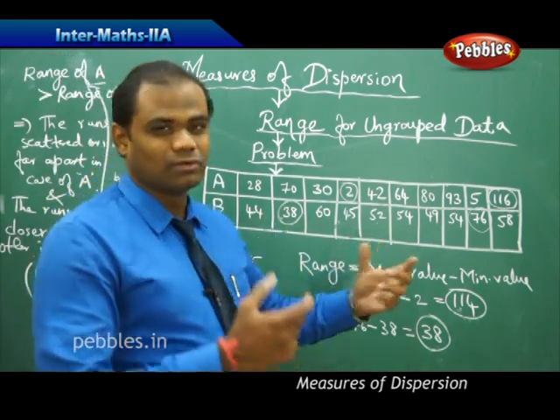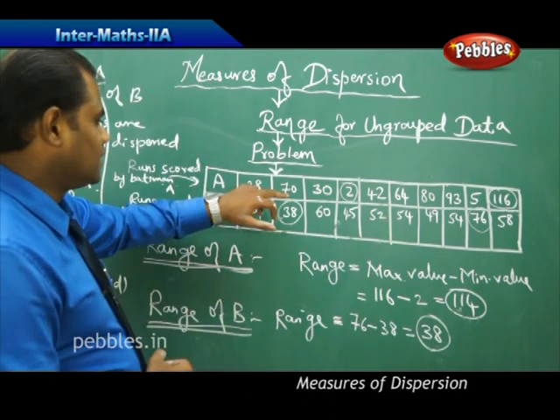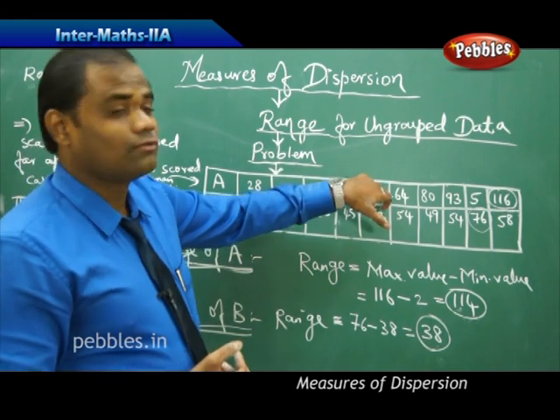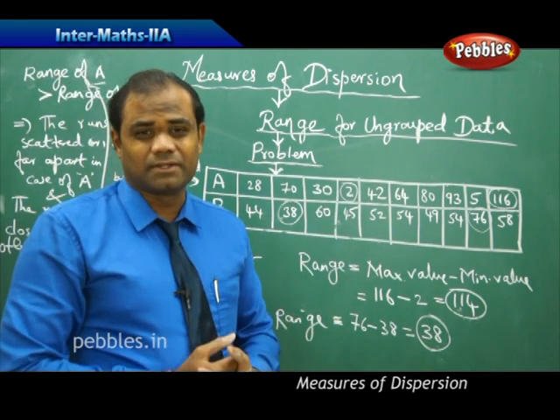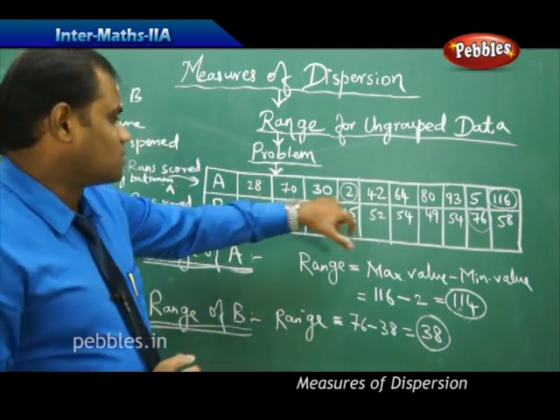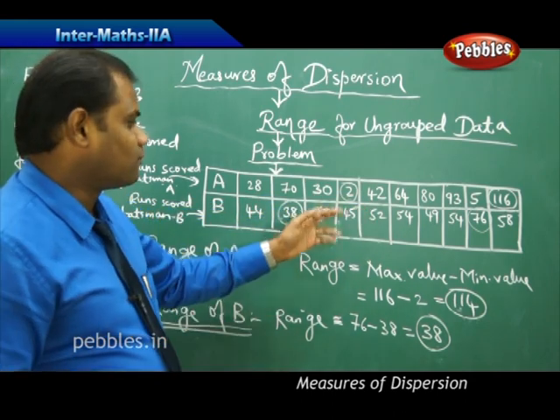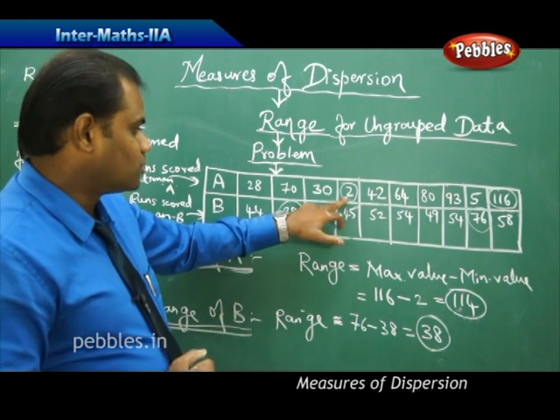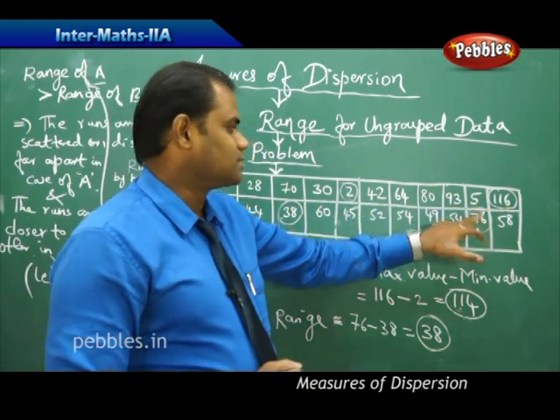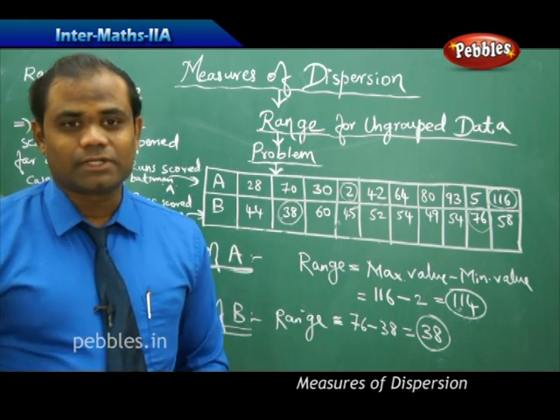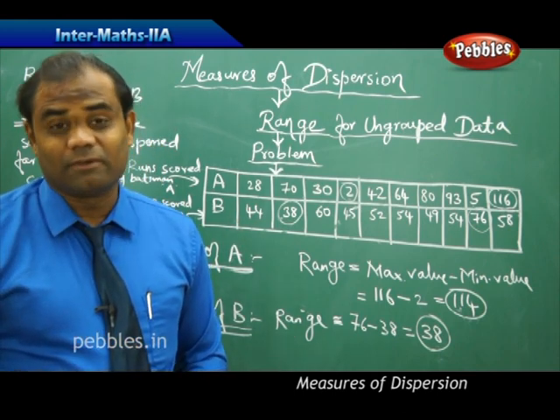45, 44, 52 are quite close, but when I see here 28, again 70, 30 and 2 and again 42, this gives me a reason that the runs scored are not closer to each other, but far apart, where the lowest score is 2 and the highest is 116. So batsman A is not consistently performing well.